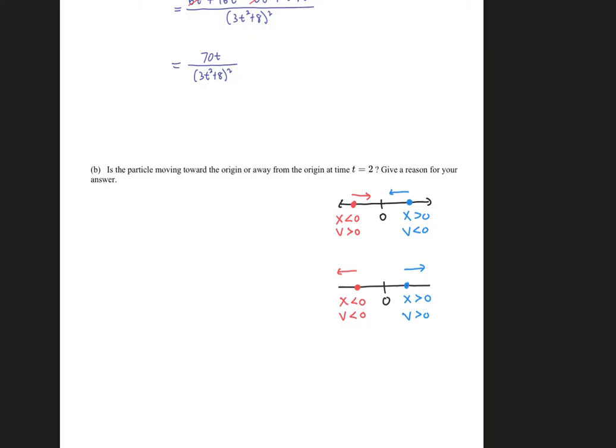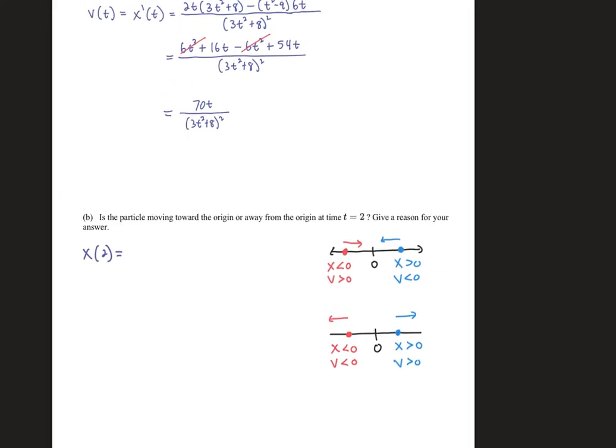So basically we're just going to find the position and the velocity of the particle at t equals 2 and look at the signs of each. Let's look at x of 2 first, the position at 2.